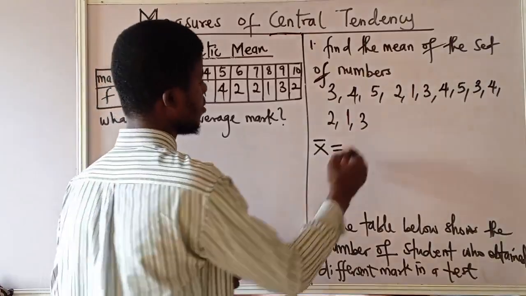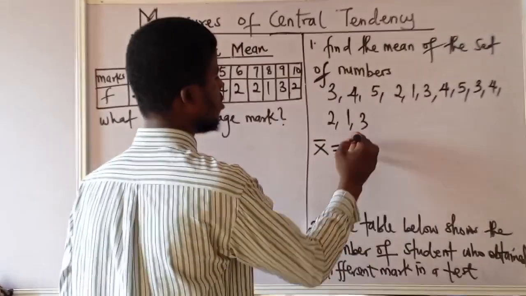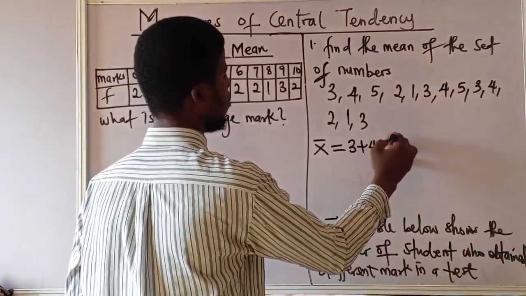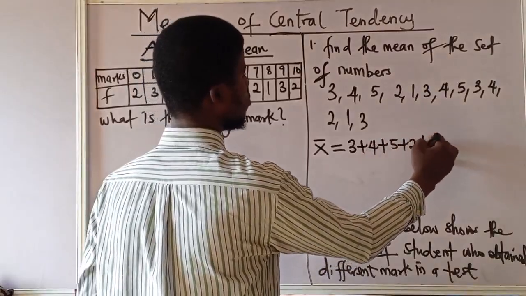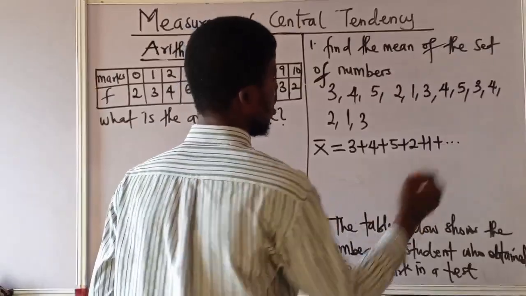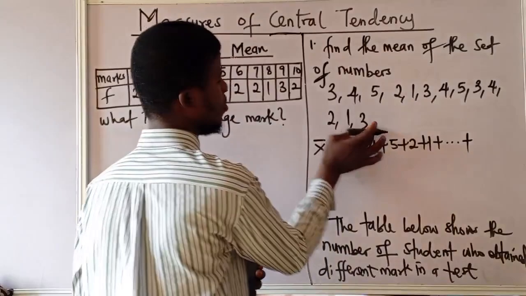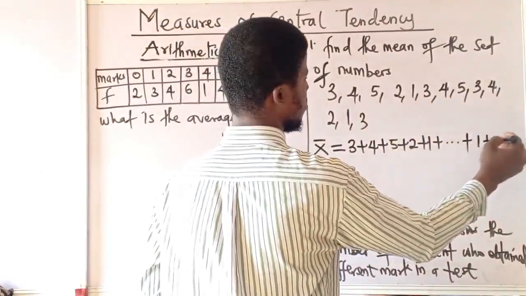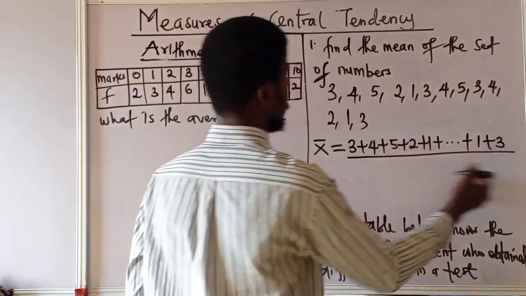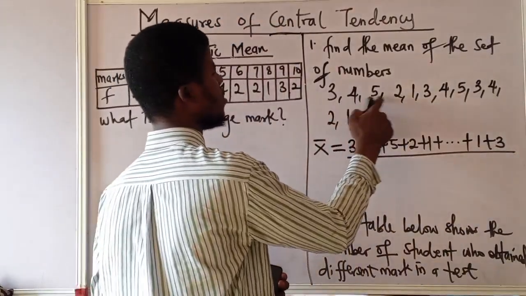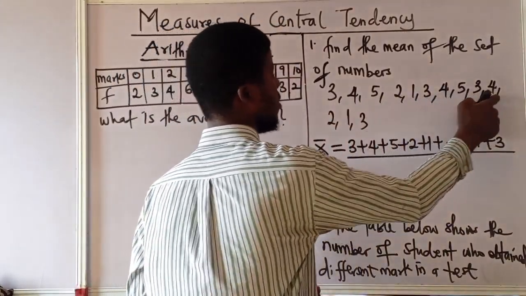Okay, let me just see. Because of space, I will shorten it. 3 plus 4 plus 5 plus 2 plus 1 plus, okay, are you following me? Plus, I can just take the last 2 plus 1 plus 3. 1, 2, 3, 4, 5, 6, 7, 8, 9, 10, 11, 12, 13.